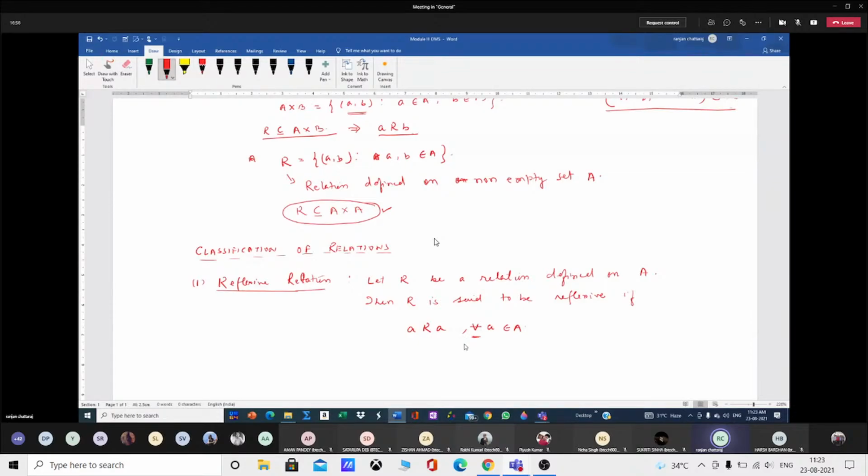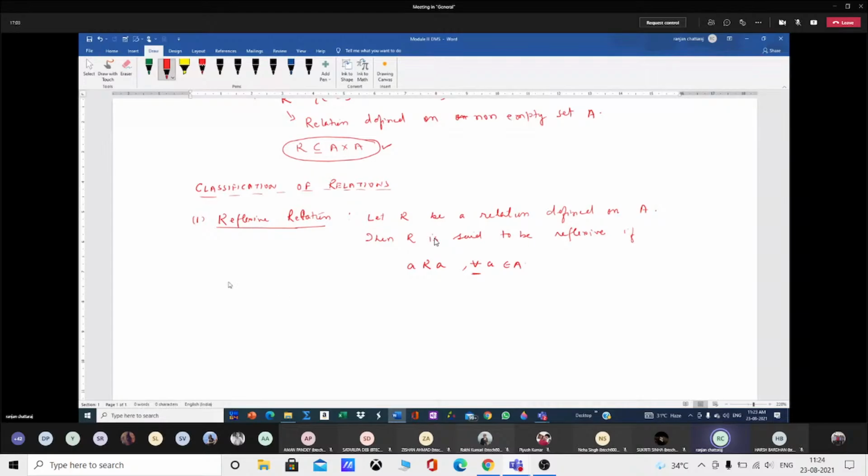Then it is said to be reflexive. Later we come to the examples.